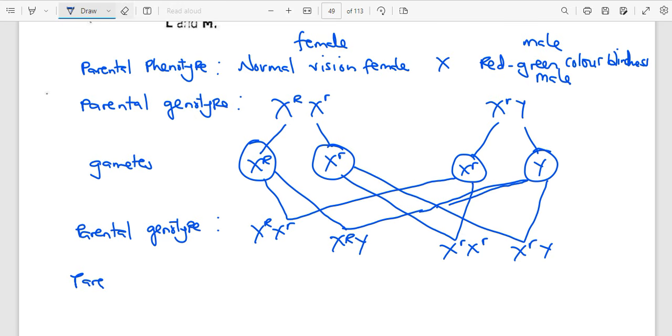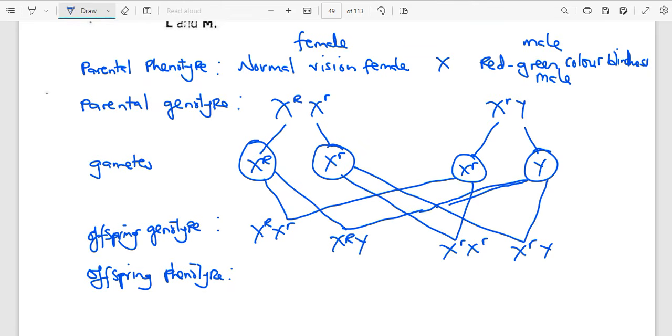Now, sorry, we can say these are offspring, so we made a mistake here. These are offspring of the parental genotype, so you should be very careful. So we have offspring phenotype.